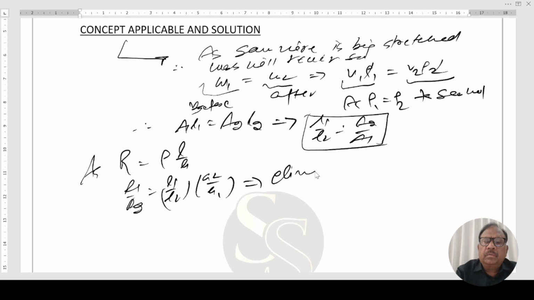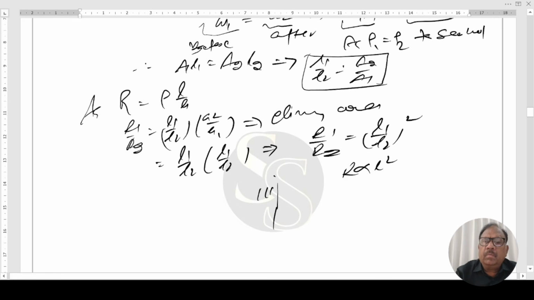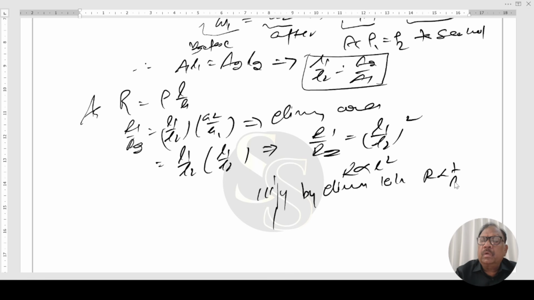Eliminating area, this comes out to be R1 over R2 equal to L1 over L2 whole square. Therefore, R is proportional to L square. Similarly, by eliminating length, R is proportional to 1 over A square and to 1 over r to the power 4.